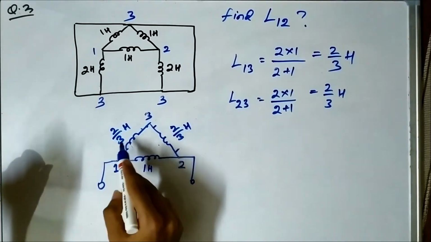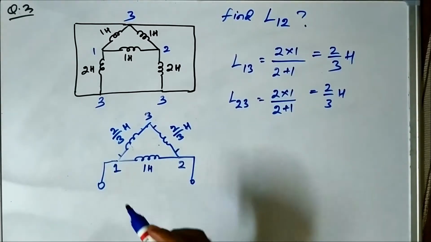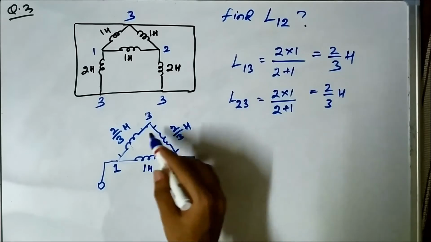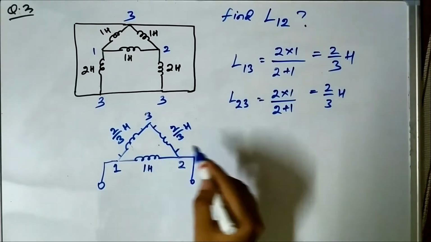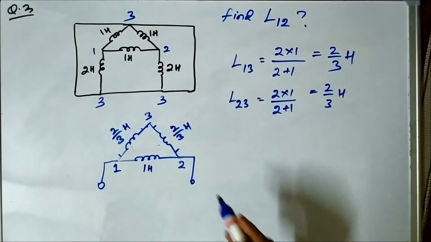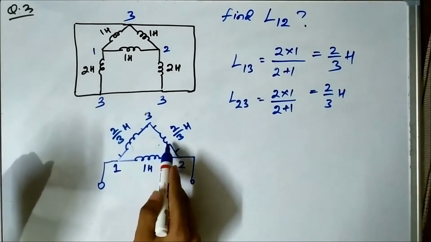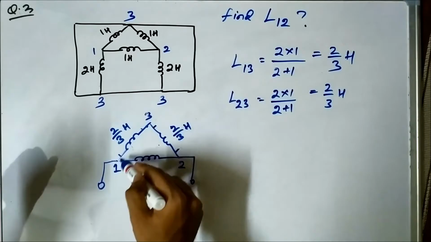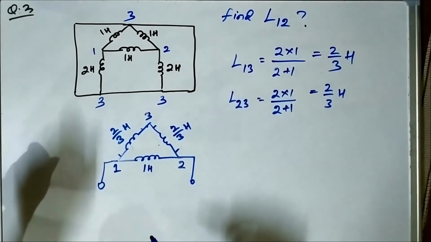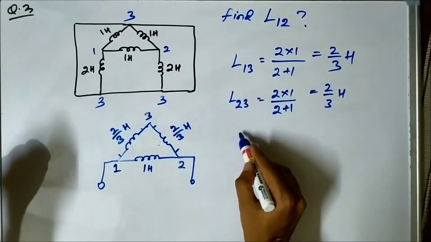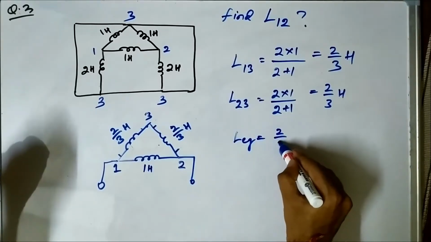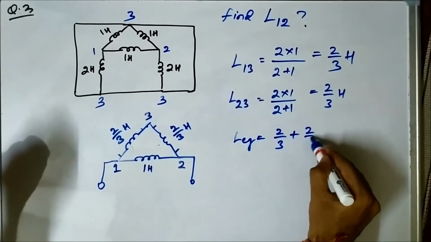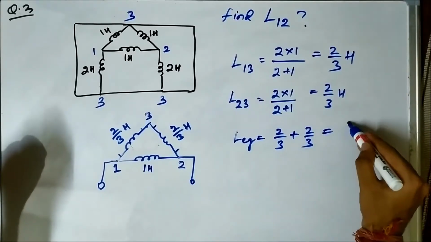Now these two inductors, L13 and L23, are connected in series. So the equivalent inductance of this combination, connected between points 1 and 3 and 2 and 3, will be simply the addition: 2 by 3 plus 2 by 3, which is 4 by 3 Henry.